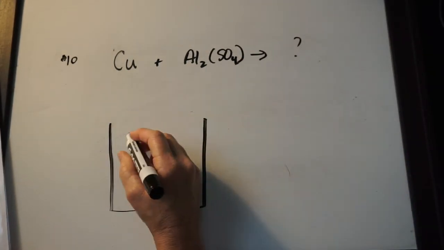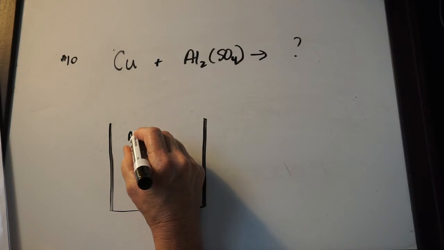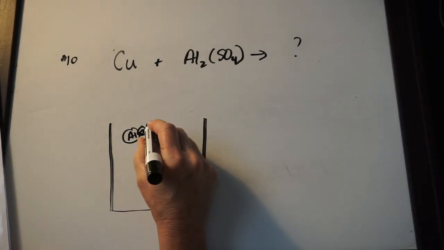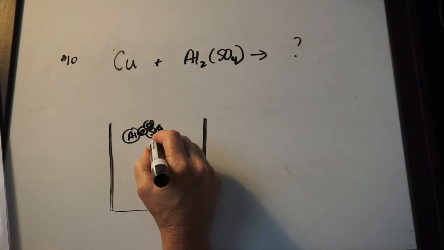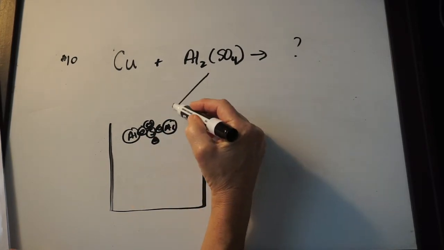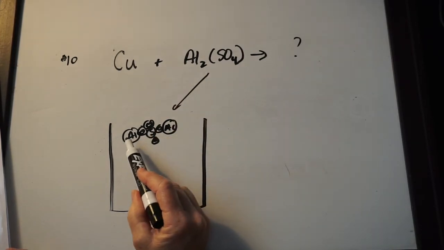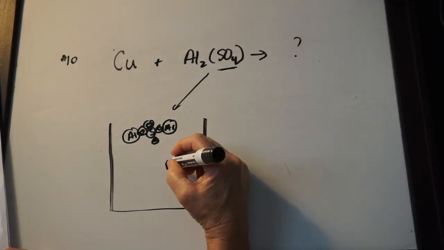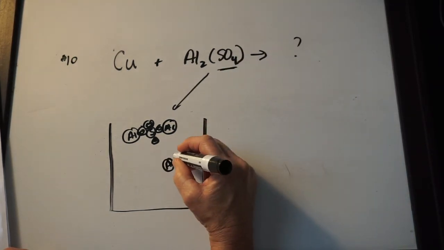We're going to put a big solution of aluminum sulfate. 2, 3, 4. There's two aluminums in it. So there's my picture of aluminum sulfate, two aluminums. I see a polyatomic here, and there would be trillions and trillions of them.